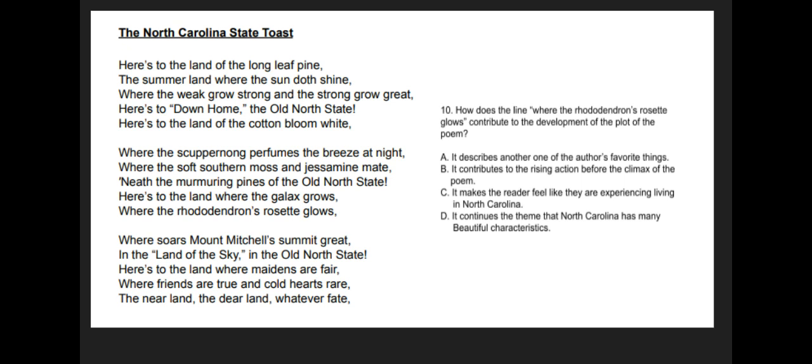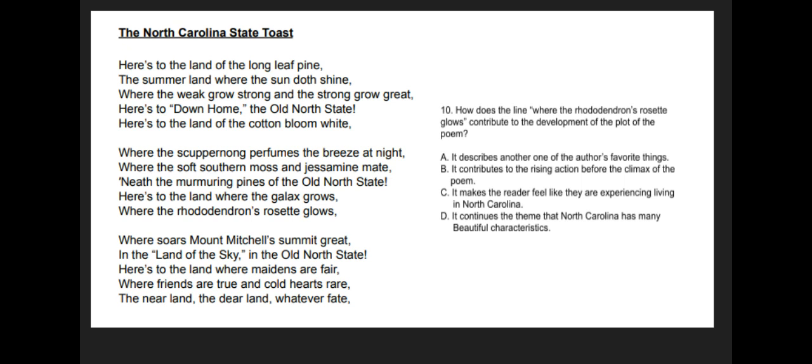Here's to the land of the longleaf pine, the summer land where the sun doth shine, where the weak grow strong and the strong grow great. Here's to down home, the old North State. Here's to the land of the cotton bloom white, where the scuppernong perfumes the breeze at night, where the soft southern moss and jessamine mate 'neath the murmuring pines of the old North State.